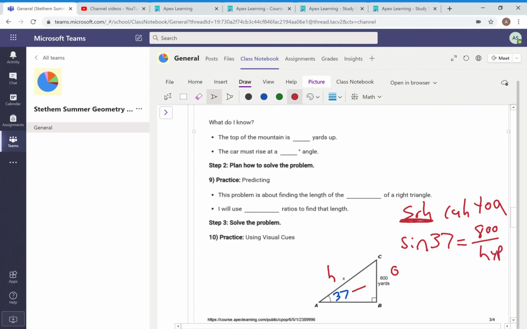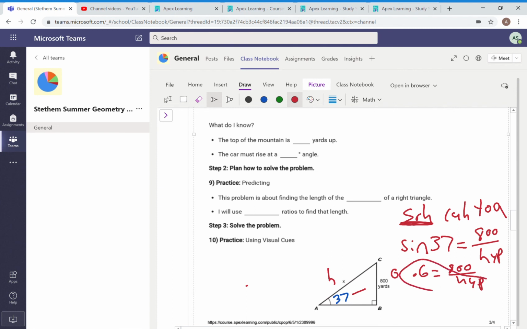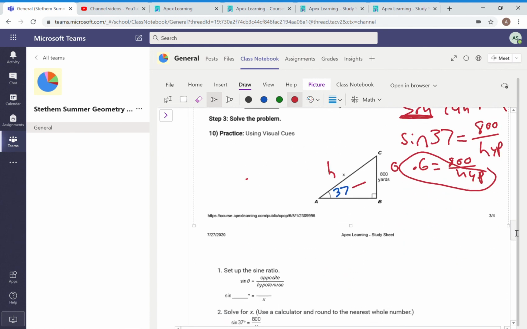When I put sine 37, I got 0.6. You can round to 1 decimal place. It'll have a lot of decimals. Equal to 800 over hypotenuse. I'm going to cross multiply and get 0.6 hypotenuse equal to 800, and my final step will just be divide by 0.6.